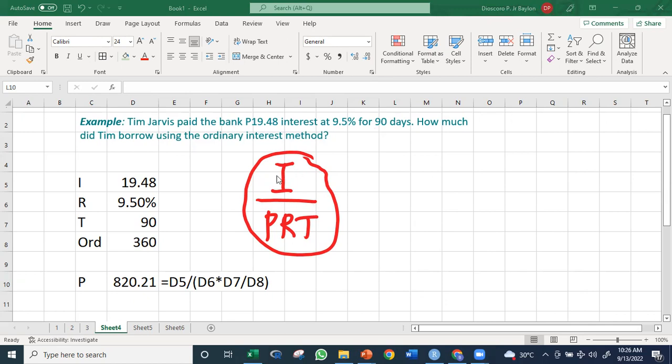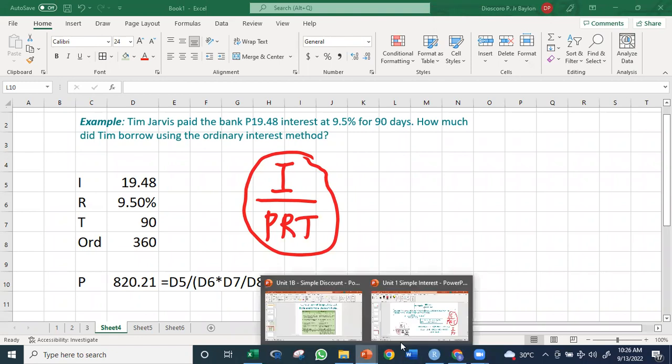So far, class clear in solving for the principal given the interest, you just divide the interest by the corresponding product of rate times time. Okay, if you're looking for the rate, then interest divided by principal times time. Okay, any feedback? Clear so far, class? Okay, thank you. Okay, good.